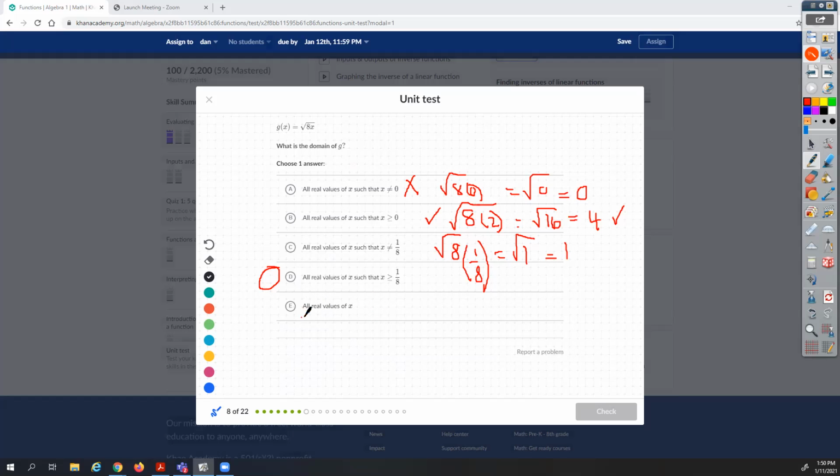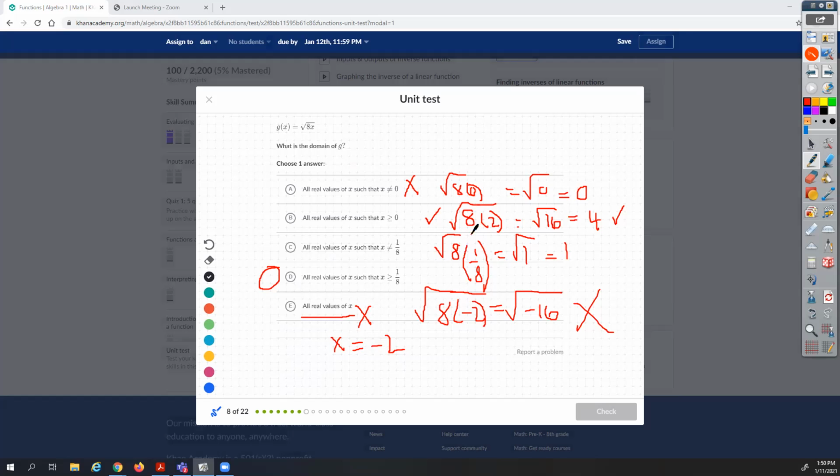So notice, guys, this one here gives you better opportunities. This one says all real values of X. Well, this one we could eliminate, and the reason is that we cannot have, let's say, X equal to negative 2. When we put X equal to negative 2, we have 8 times negative 2, which gives the square root of negative 16, which will not work, okay?